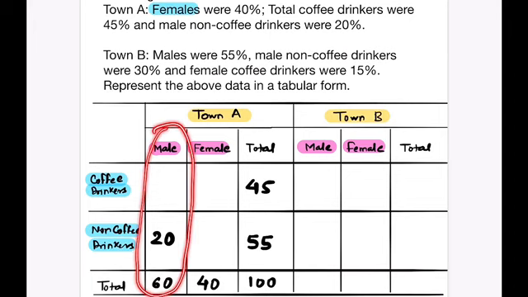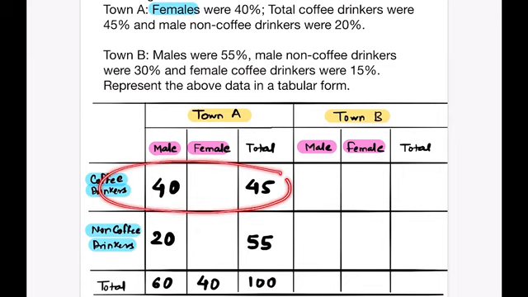Total males are 60%. Out of that 20% are non-coffee drinkers. So rest will be coffee drinkers. That is 40%. Total coffee drinkers are 45%. Out of this 40% are male.